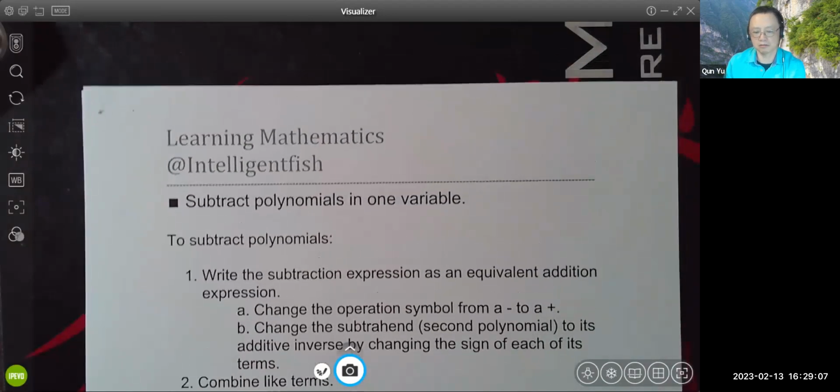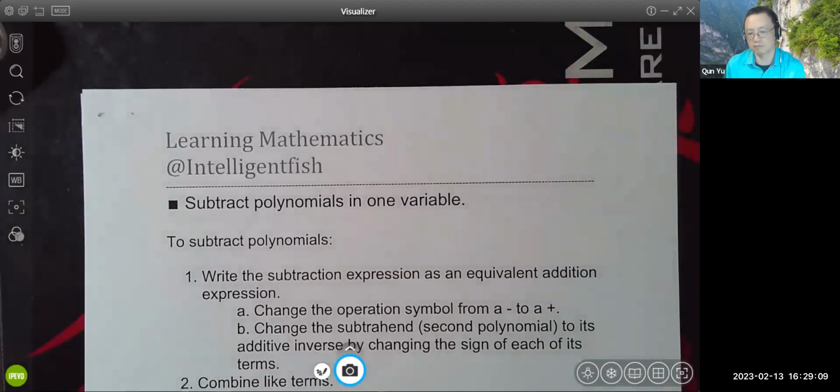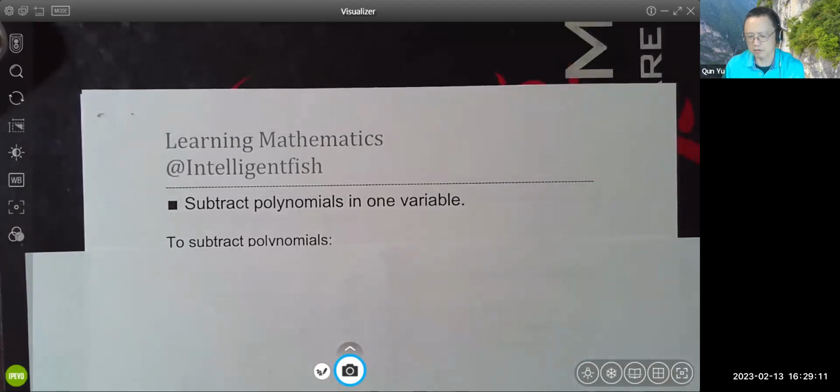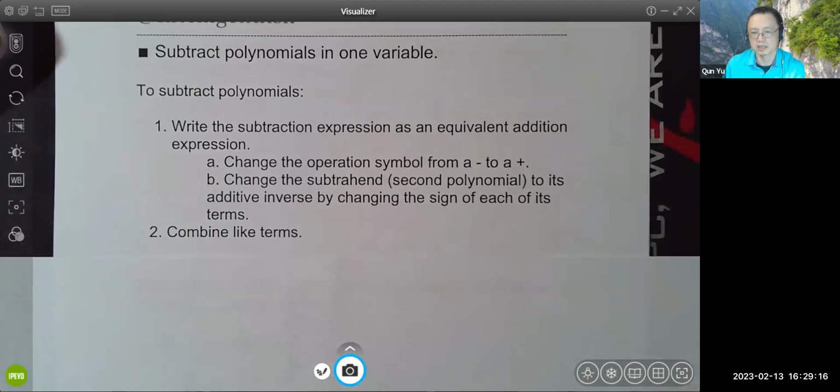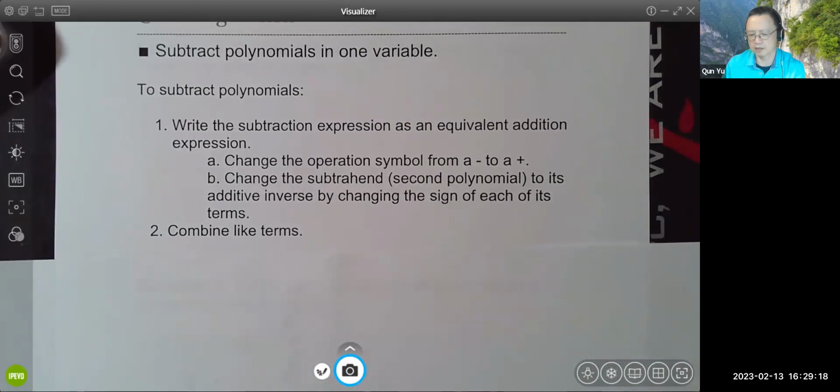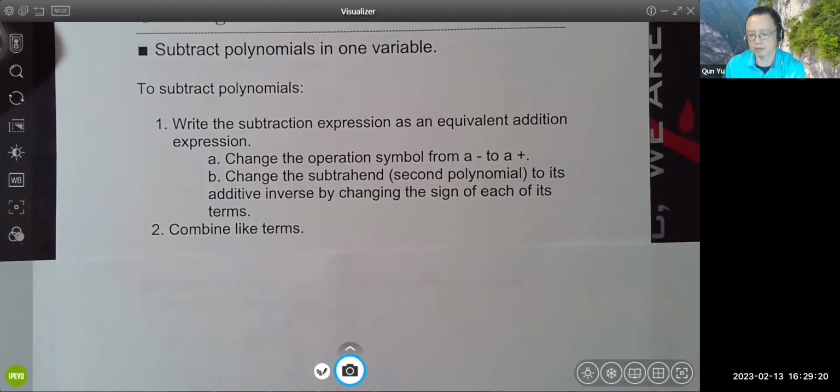Now, let's look at subtractions of polynomials in one variable. The strategy is that, especially if you've never done this before, the strategy is to convert subtraction to addition. But after you do enough exercises, you don't have to do that conversion.